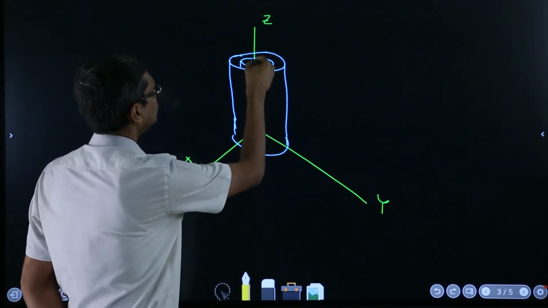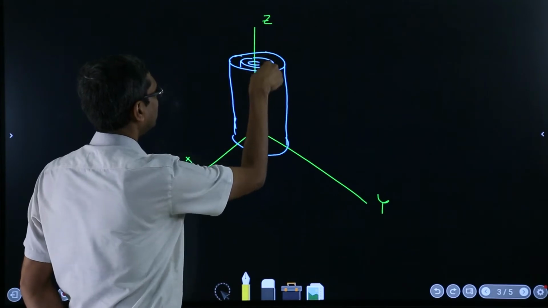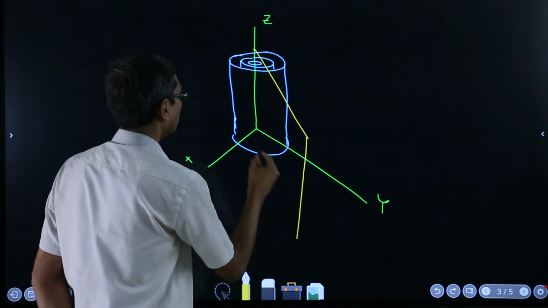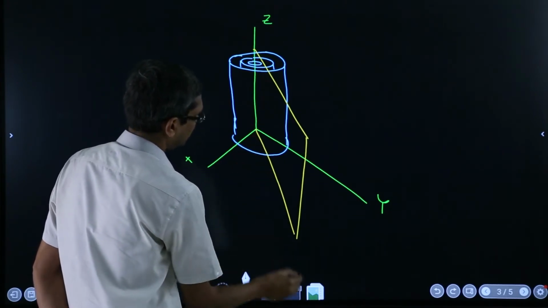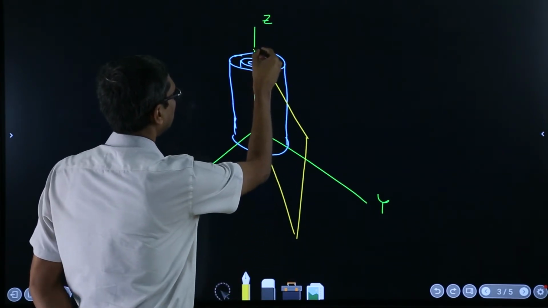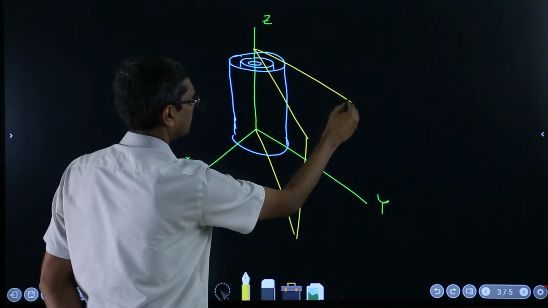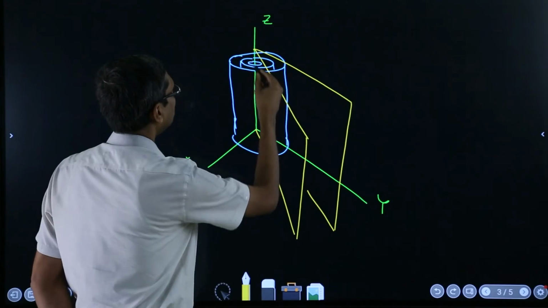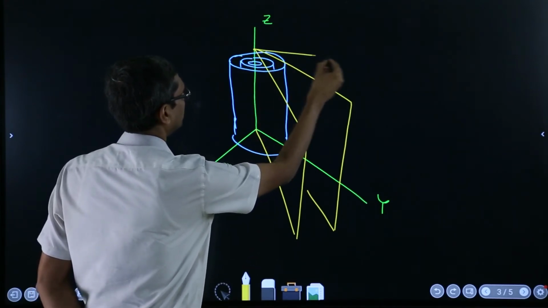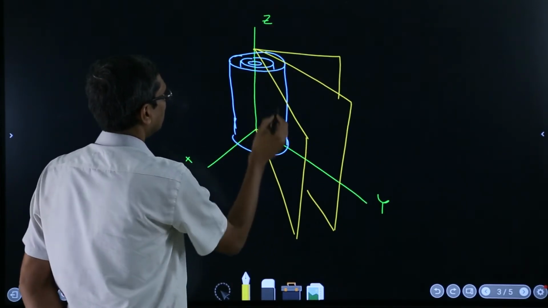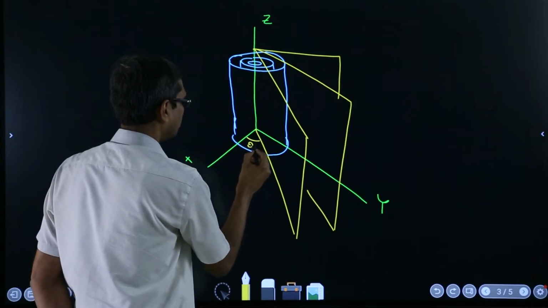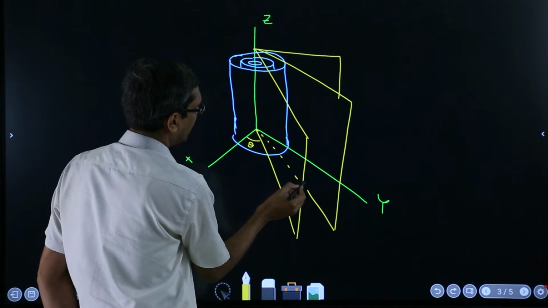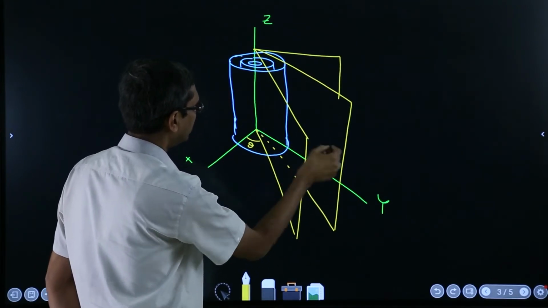Say I choose a surface at this angle, and another at this one, so these are at different angles. These are theta values: this is theta 1, the other one will be at theta 2, and the third at theta 3.